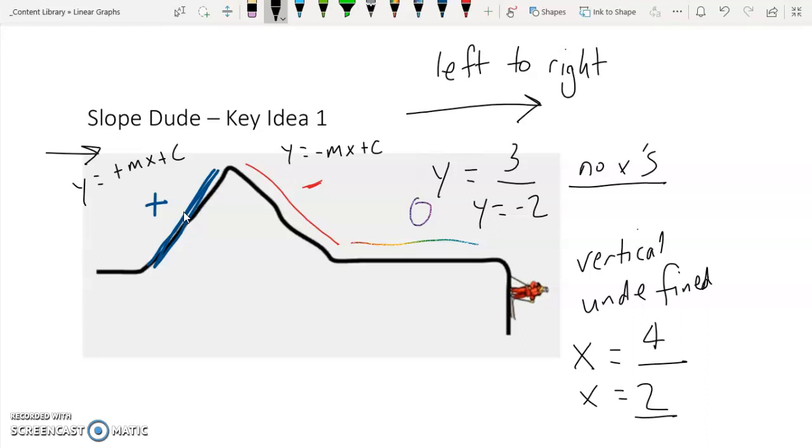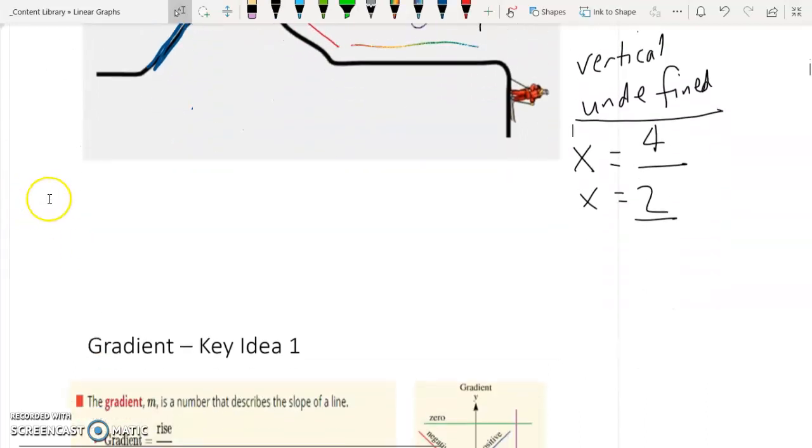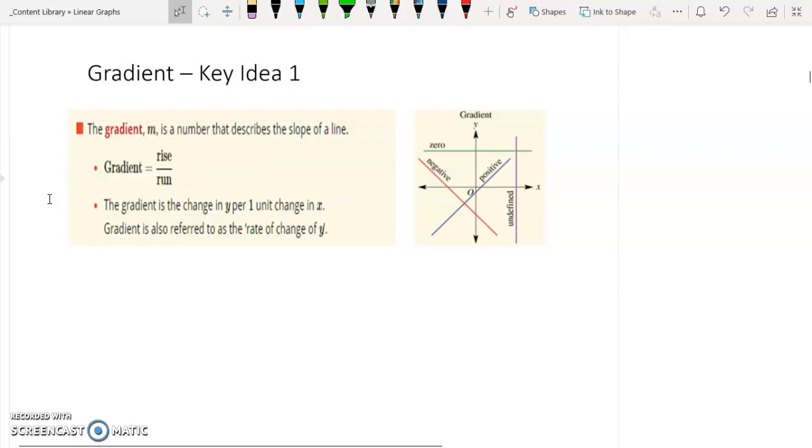Those are the key messages from Slope Dude. So you've got positive, negative, zero gradient, and undefined gradient. All right, so first thing is our gradient.